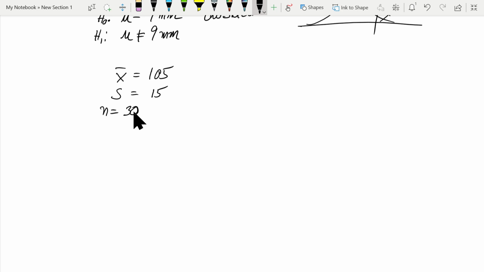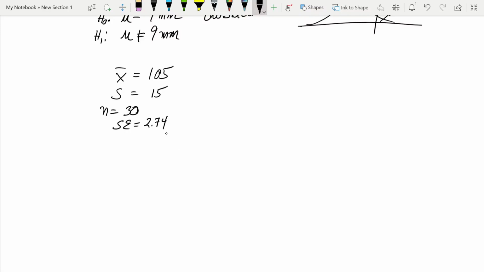What's the standard error? It's all the same. Confidence intervals, the experiments, all the calculations are the same. The difference is purely in the interpretation. What's the standard error? Standard deviation divided by the square root of the sample size. 2.74.